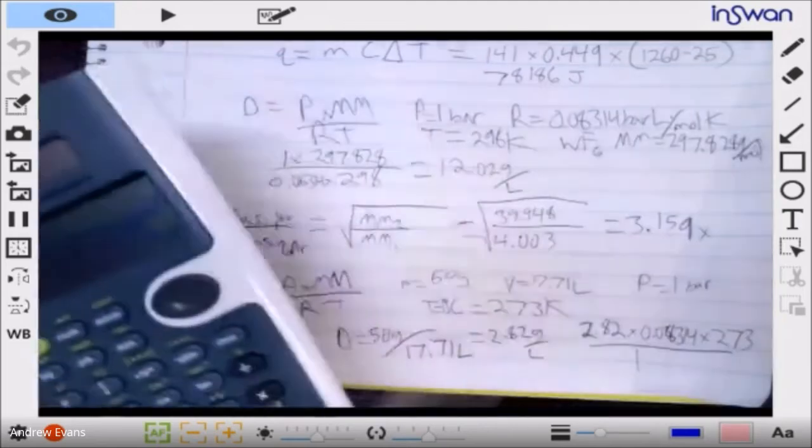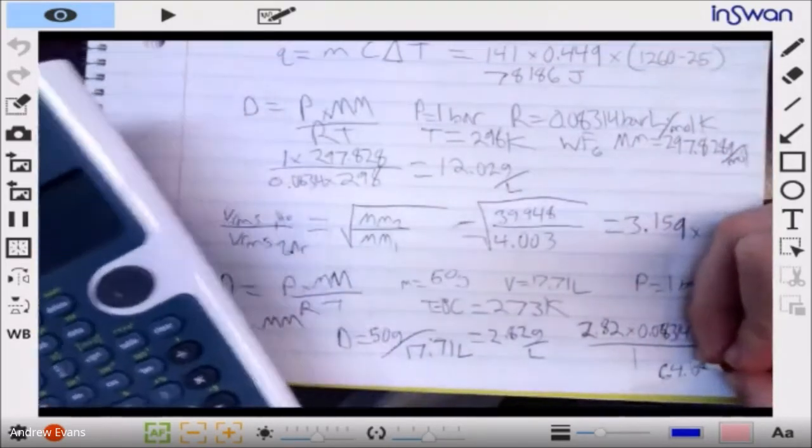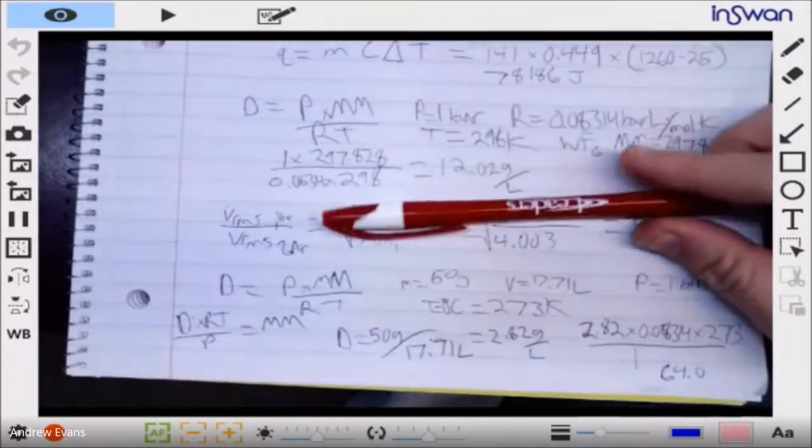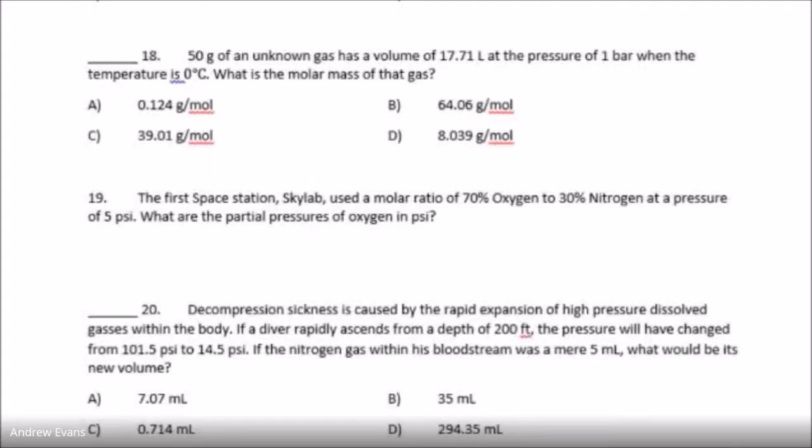Our molar mass is 64.0. Now, am I going to ask you what the compound is? No, I'm not going to ask you that. I tried that once, and it ends up being too confusing because there are too many possibilities. But having a 64 molar mass, that is probably SO2.